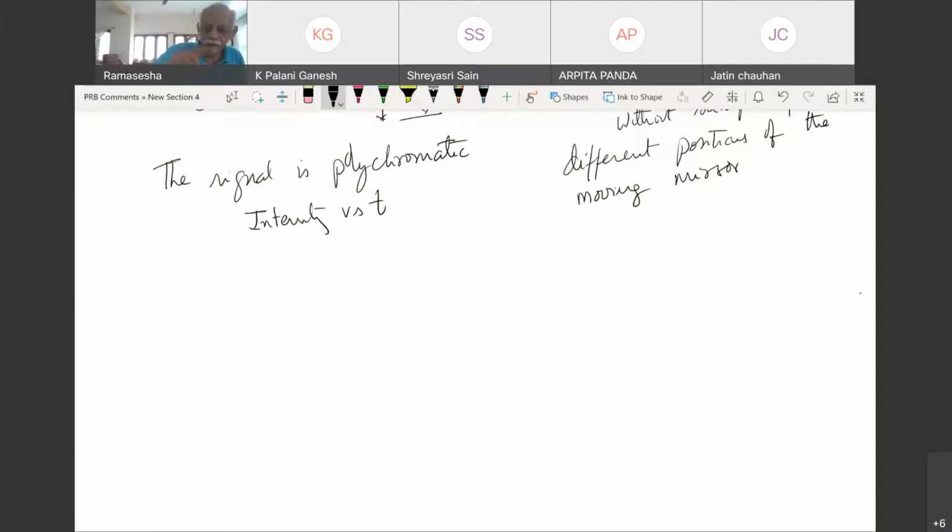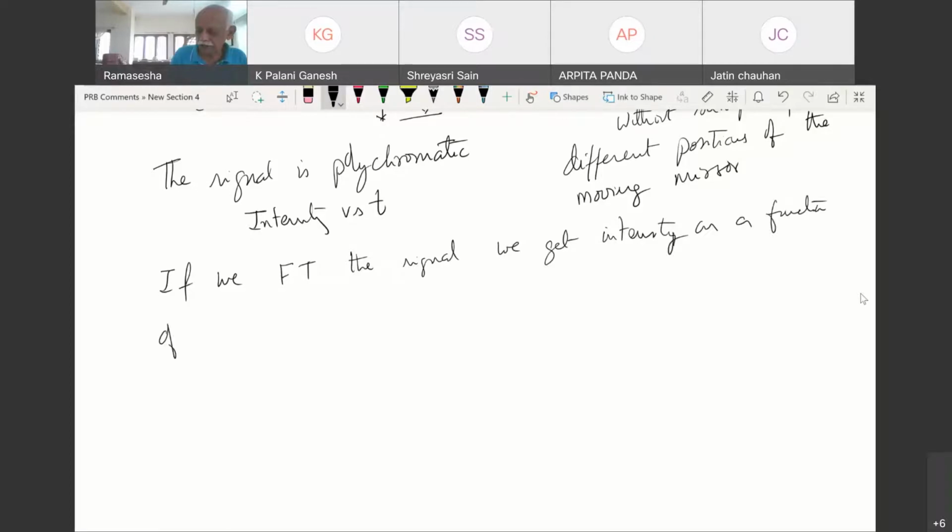Now, if we transform the signal, we get intensity as a function of wavelength. So now with and without the sample, you know what the intensity is, so you know the difference is going to tell you.